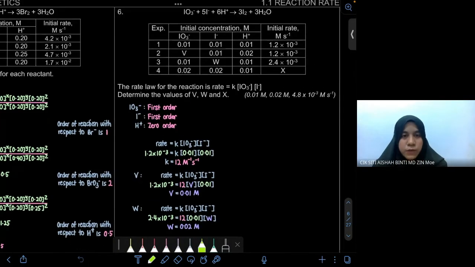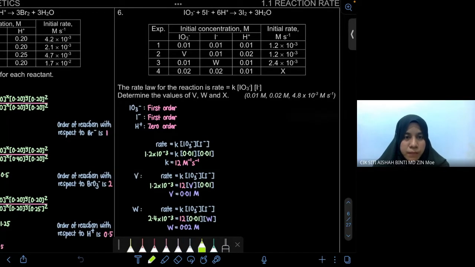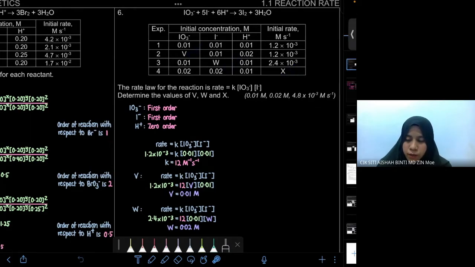Most of you should be able to answer this. Before you find V, W, X, you must first find K. Once you find K, then we can substitute to get V, W and X. Okay, so that is for UPS 2015-16 question 1.